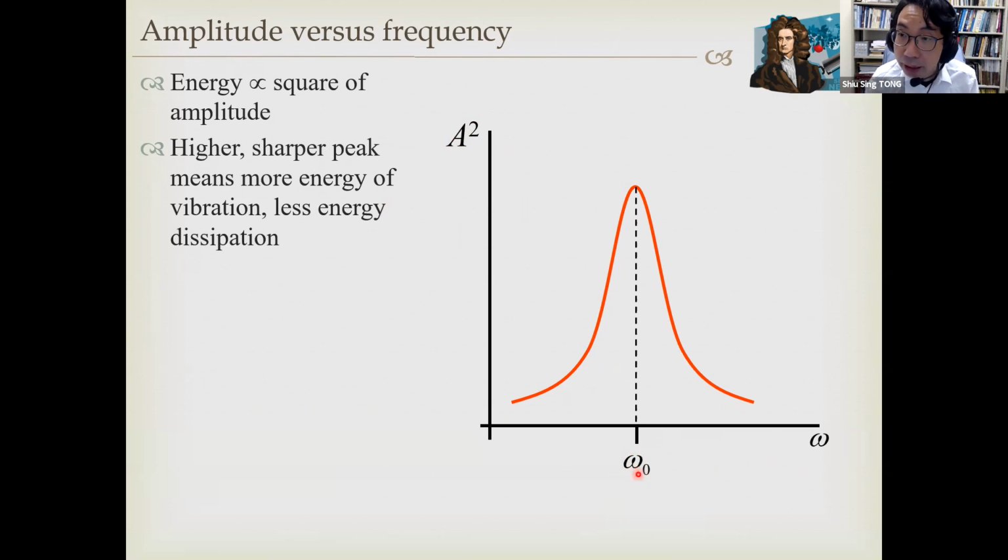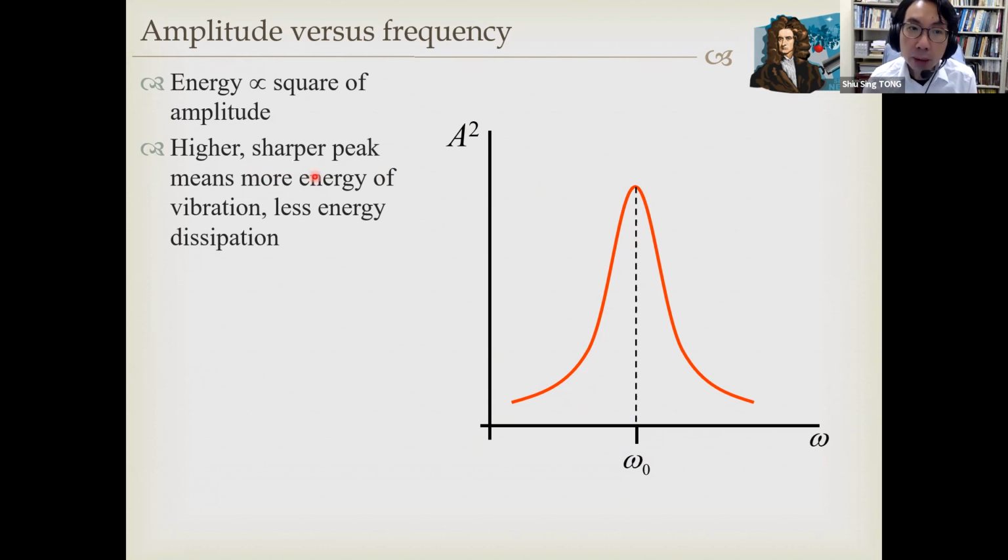And omega naught is the natural frequency. So if you shake the system with a frequency that does not match the natural frequency, the amplitude and the energy of the system will be small. But if you have a frequency omega equal to the natural frequency, then you see the amplitude goes to a very large value, and the energy also goes to a very large value. And that is the resonant phenomenon.